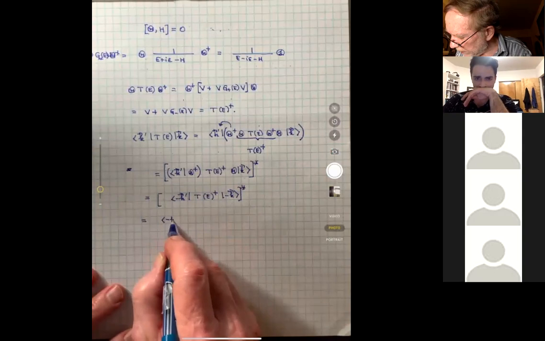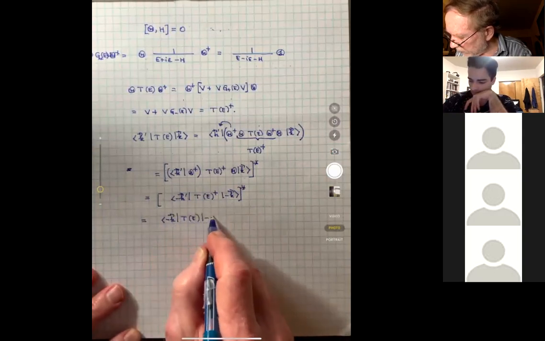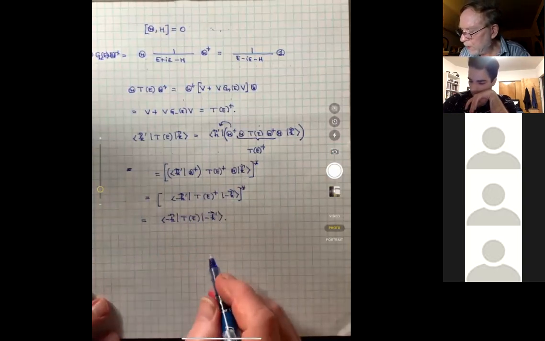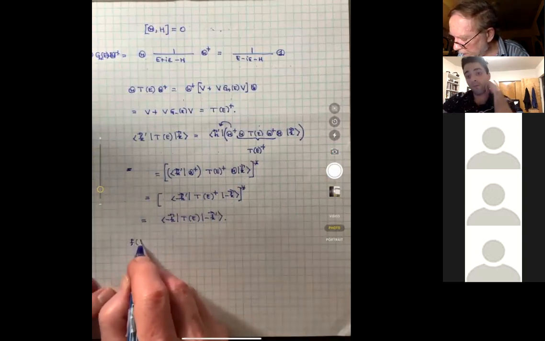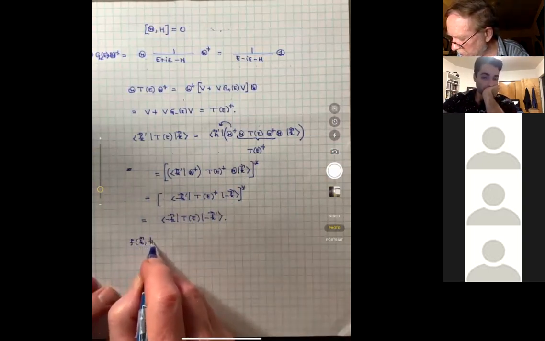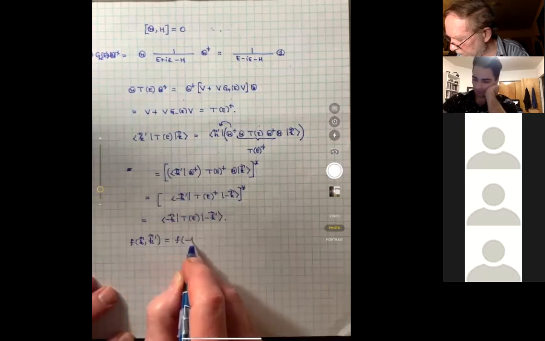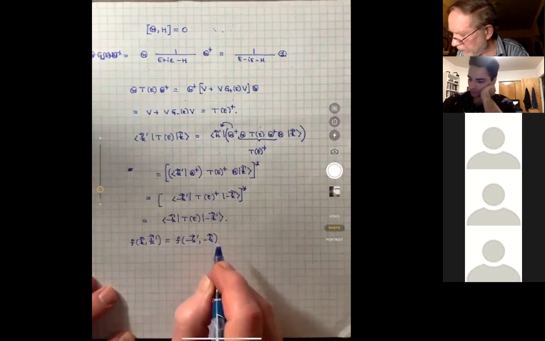It becomes minus K T of E times minus K prime. Okay. So the result of this is that the F of K comma K prime, if the Hamiltonian commutes with time reversal, is equal to F of minus K prime and minus K. Like so.